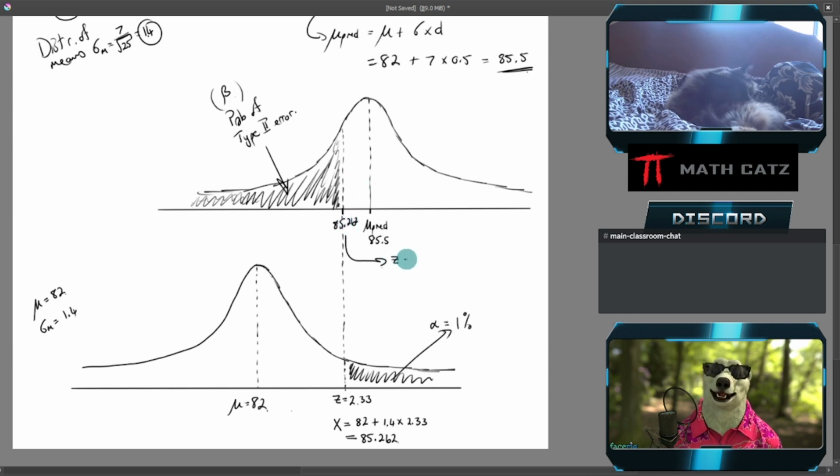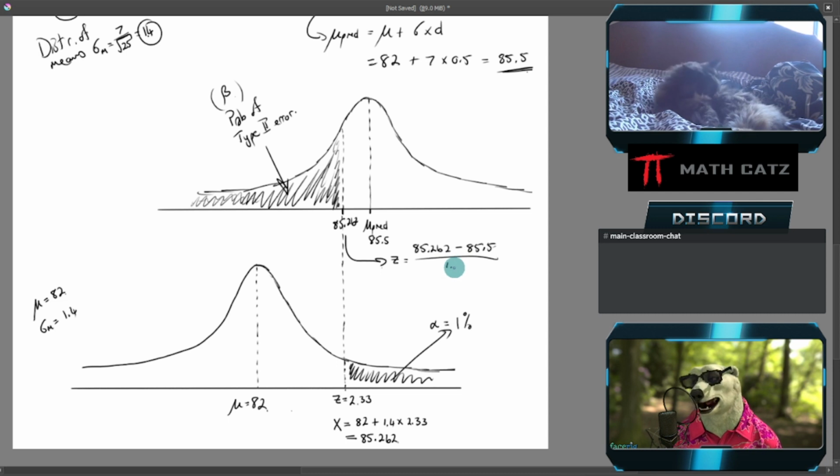So the z-score here is 85.262 minus the mean 85.5 over, of course, sigma m, the standard deviation for this distribution, still the distribution of means, just centered more correctly.